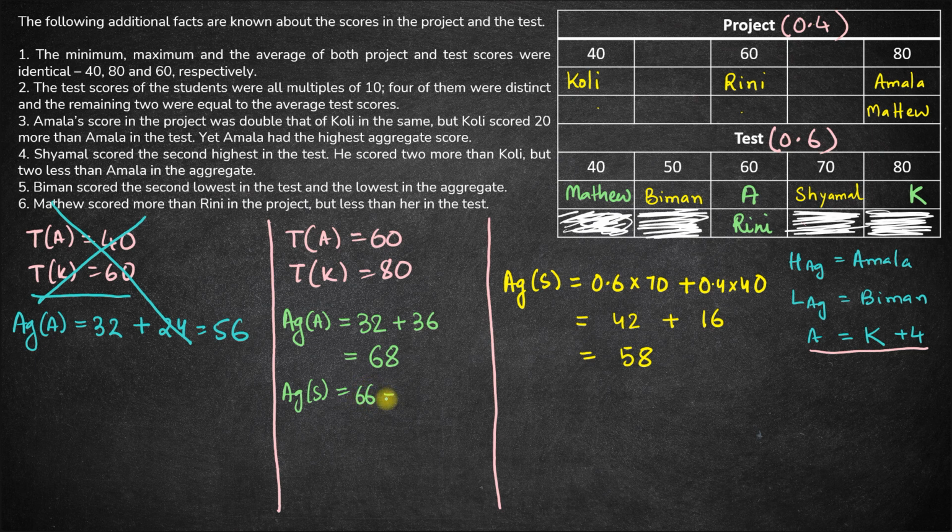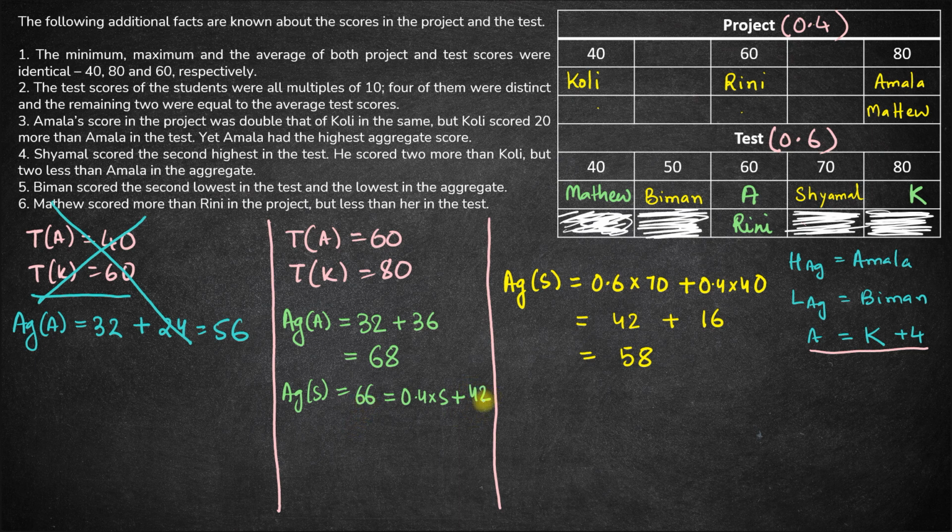So this is 66. Aggregate is 66, and this 66 will be equal to 0.4 times Shyamal's score in the project, let's say 0.4 into S, plus 0.6 into Shyamal's score in test. So 0.6 into 70, which is 42.